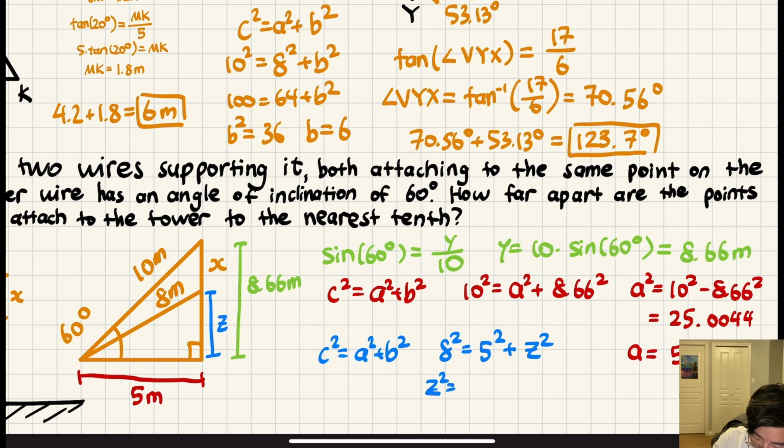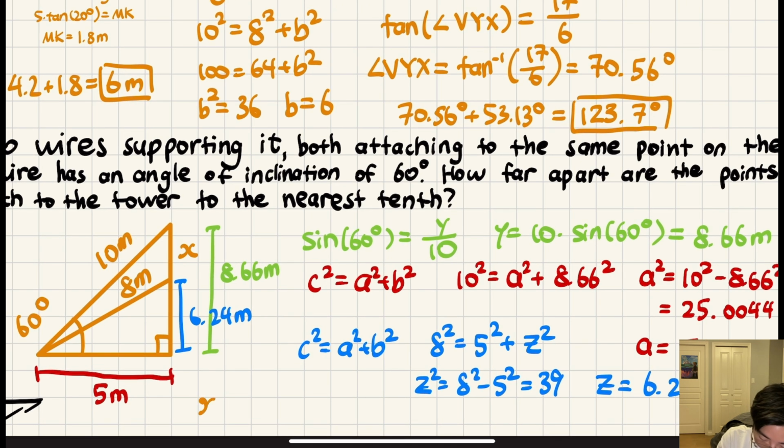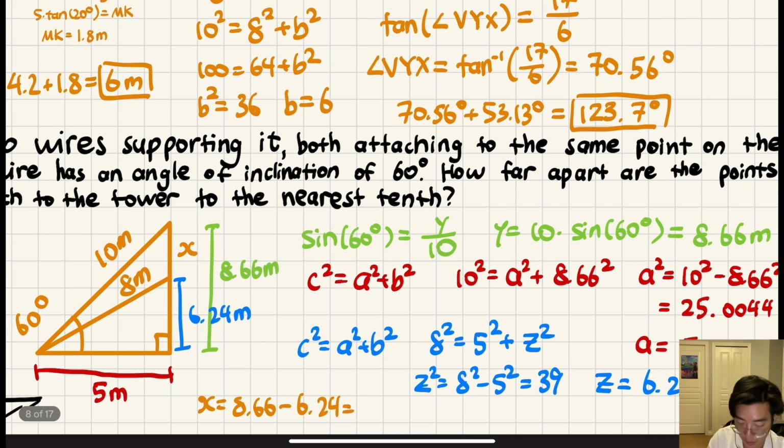So z squared is 8 squared minus 5 squared, which is 64 minus 25, 39. And 39 square rooted is 6.24 meters. Okay, so now we know z as well is 6.24 meters, which means that x is just 8.66 minus 6.24, which gets us 2.42 meters.